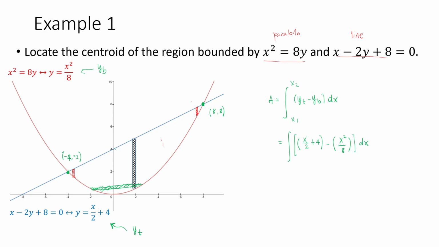So x1 to x2, from negative 4 going to 8. Then the area would be equal to... okay, so what's the answer?